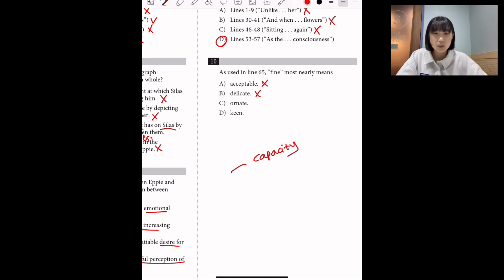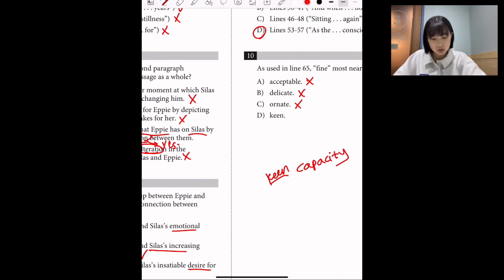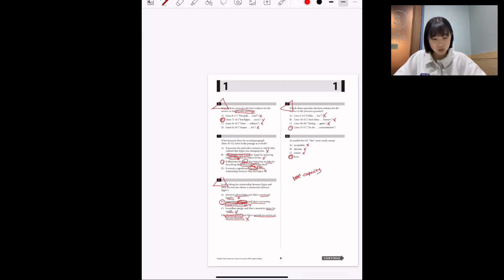But decorated capacity for mischief, that doesn't make sense at all. Keen capacity for mischief, it just seems like the best choice overall, because you could say that this child who loves mischief had a keen capacity for mischief to provoke it a lot and just enjoy provoking it a lot. So D overall is the best choice.